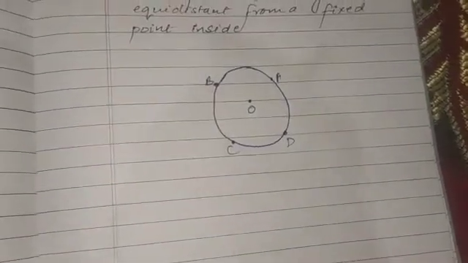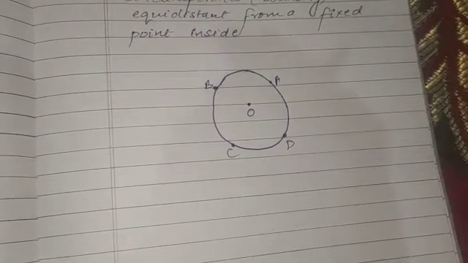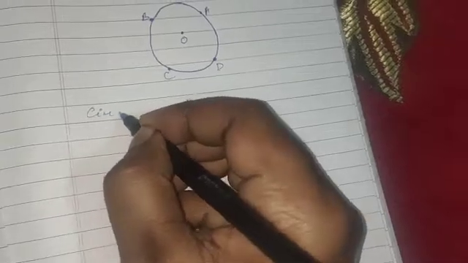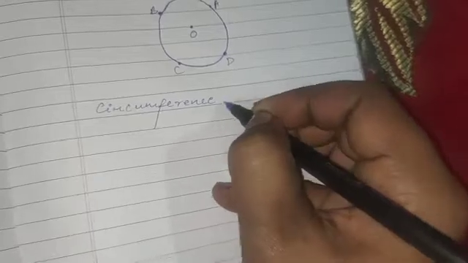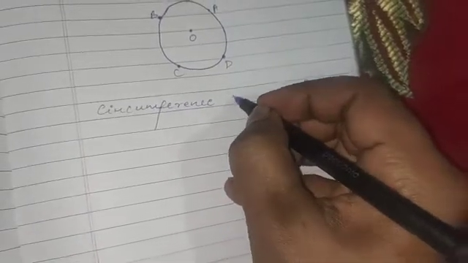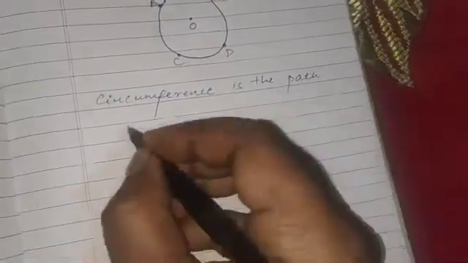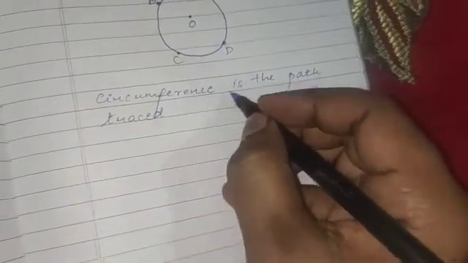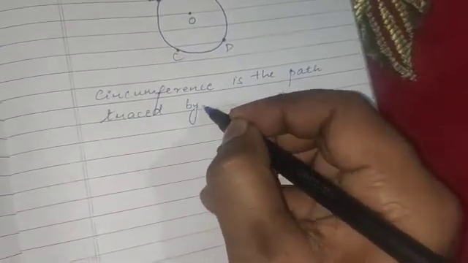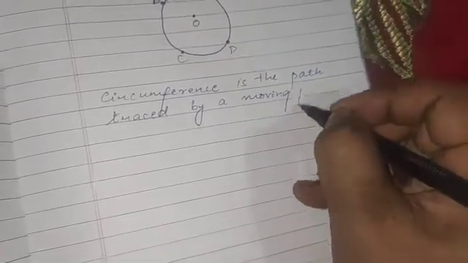Now the next thing is to understand what is circumference. So circumference is the path traced by a moving point.